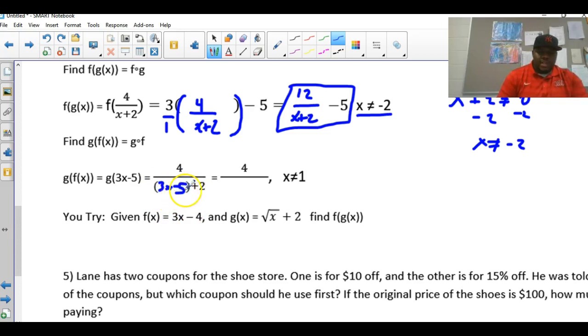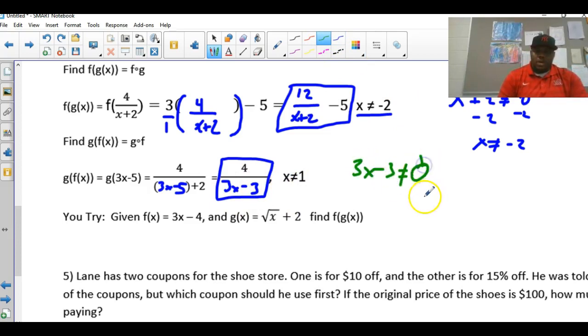The only like terms are negative 5 and 2, where negative 5 plus 2 gives us minus 3. So 3x minus 3. There's your simplified form. Now we have to find our domain restriction again. Let me do it in another color so you can see it. We have 3x minus 3 not equal to 0.